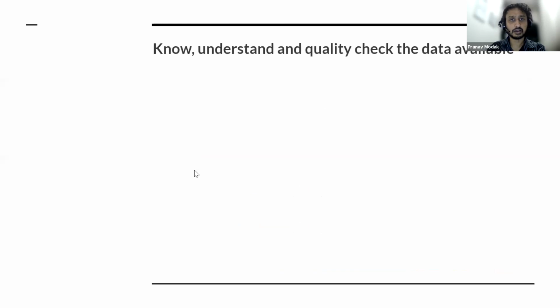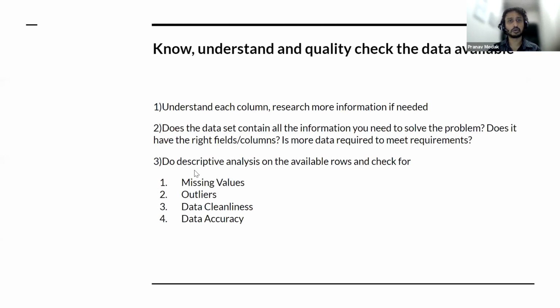So that being said, the next step is to understand and quality check the data available. When you get a data set, you want to understand what each column means. Like when we were working on the saltwater pond coalition, there were multiple pollutant factors, like the BOD, the pH, the chlorine.